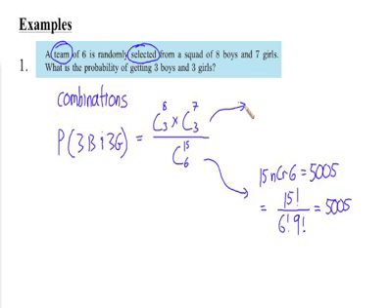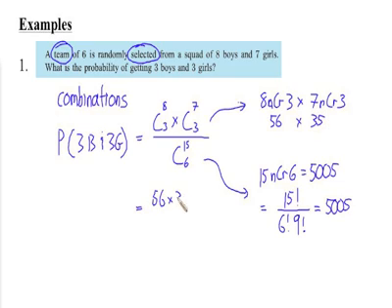Again, if I use my calculator, 8 nCr 3 times 7 nCr 3 is going to get us 56 times 35. Now that I know all the components of this expression, I can plug that into my calculator to find the overall probability, which is 0.392, or 39%.